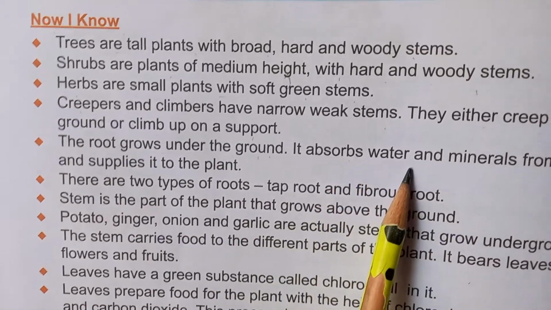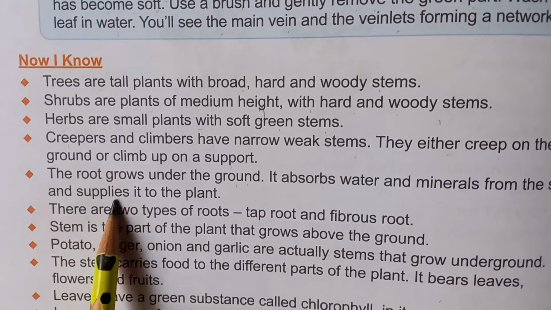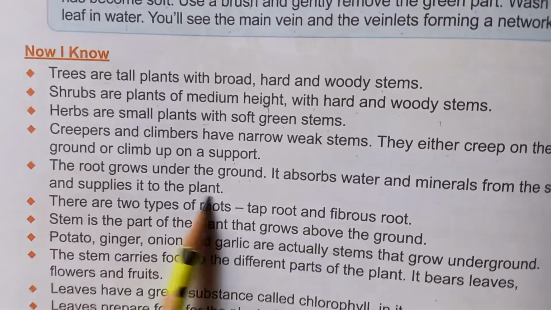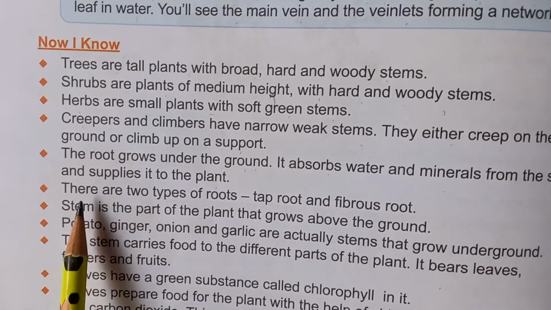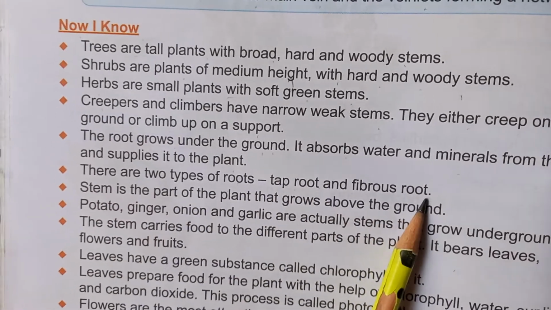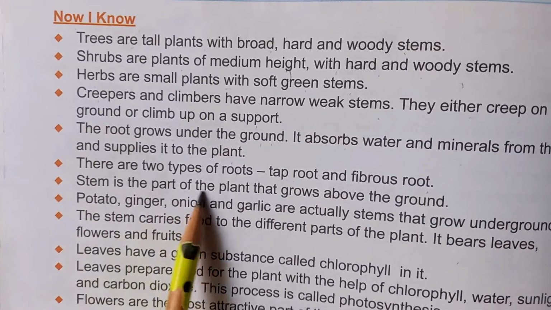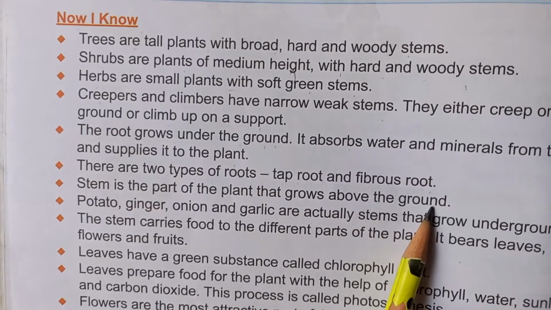It absorbs water and minerals from the soil and supplies it to the plant. Already we have learned all these points. There are two types of roots, taproot and fibrous root. See here. Stem is the part of a plant that grows above the ground.